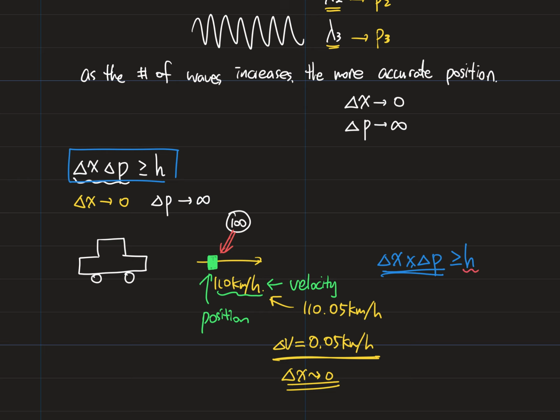Remember that h is a really small value, on the scale of 6.6 times 10 to the minus 34 joule seconds. So in our everyday life, we don't really realize the Heisenberg uncertainty principle.